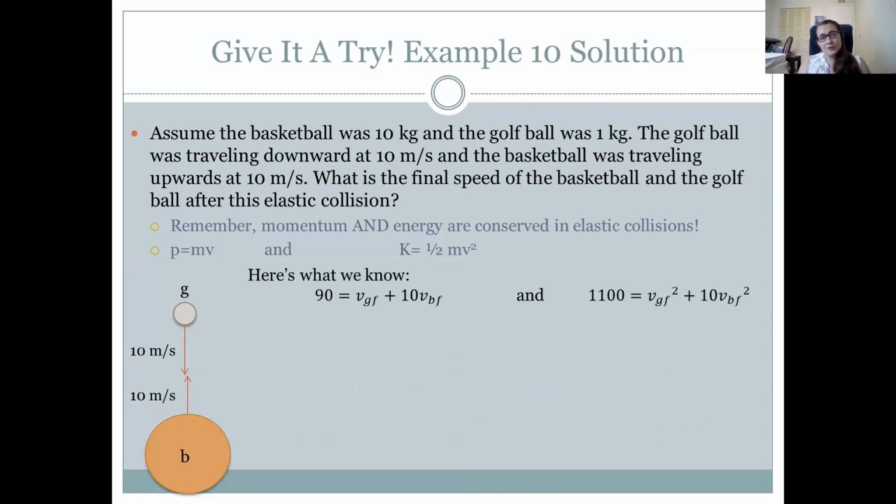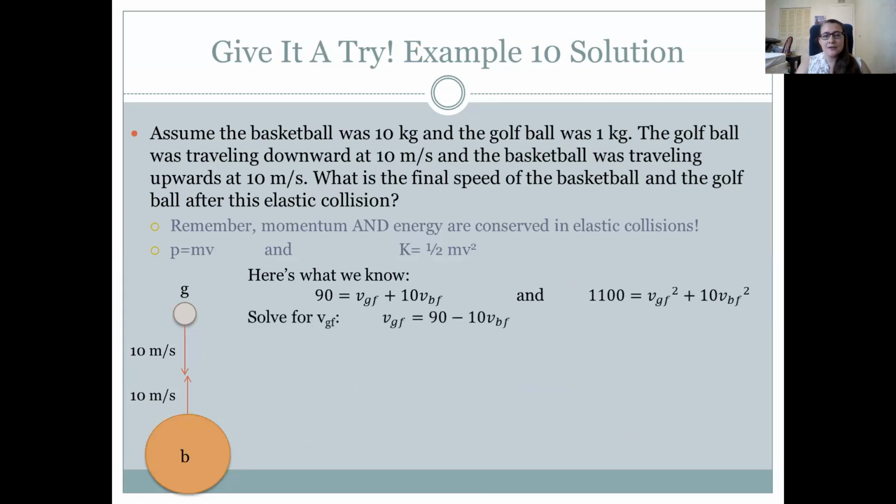And then from our energy approach, we know that 1,100 equals VGF squared plus 10 VBF squared. Oh, so many letters. Who knew math had so many letters? Anyway, those are the two things that we know. So 2 equations, 2 unknowns. We got to figure out how to solve for those unknown variables.